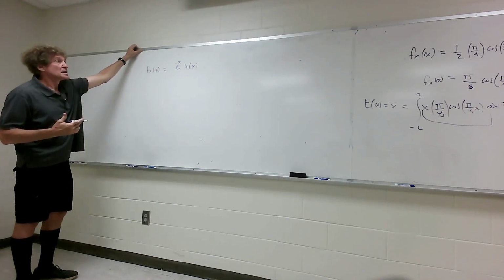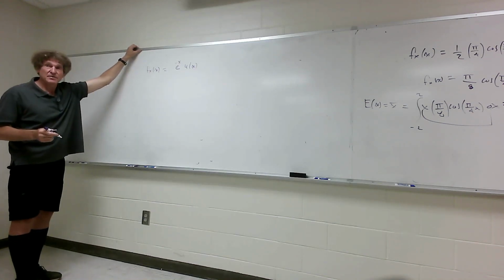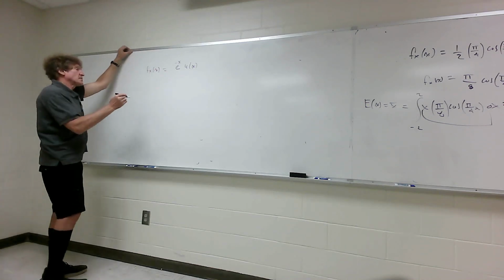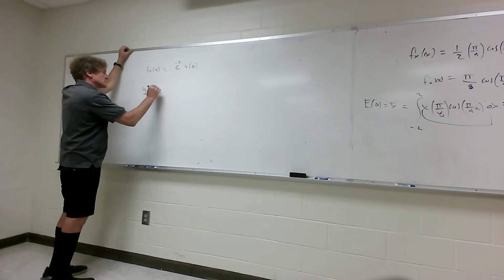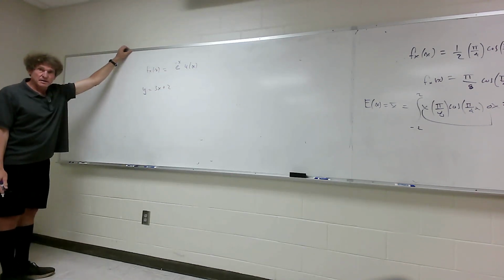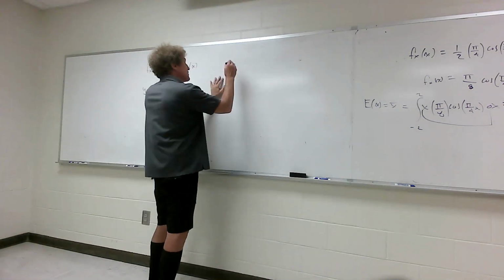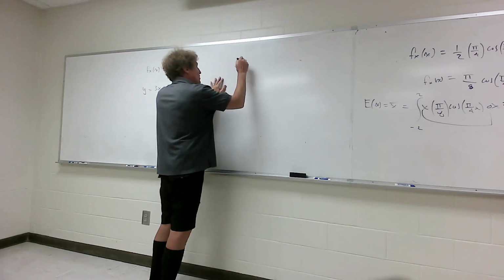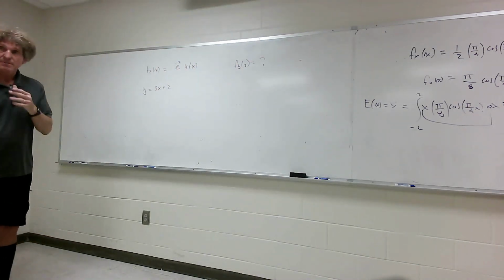And the u of x limits it from 0 to infinity as possible values. It will have a value of 1 for the integral, the area under that curve, right? Now I give you a function, and I'm going to say y is equal to 3x plus 2. With me? And I have f of x, and what they're asking for is f of y of y. They want the density function as a function of y. You with me?